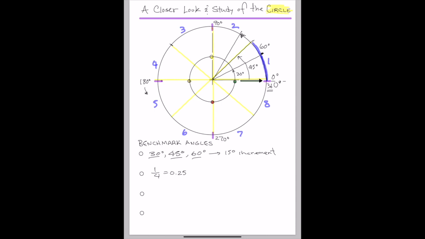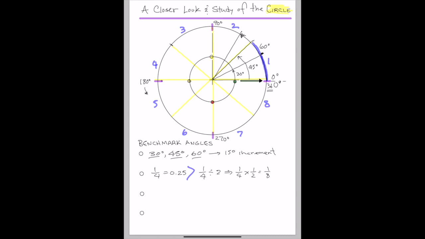So if each section is divided in that way, then we know this has some relationship with the 45-degree angle, because if you have quarters and then you cut the quarter again, what you're doing is really saying, I'm taking 1/4 divided by 2, which you can say is the same as 1/4 times 1/2, and that gives you 1/8.